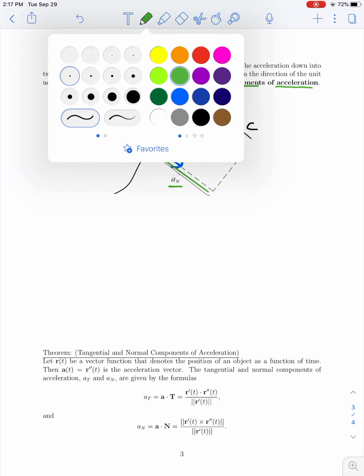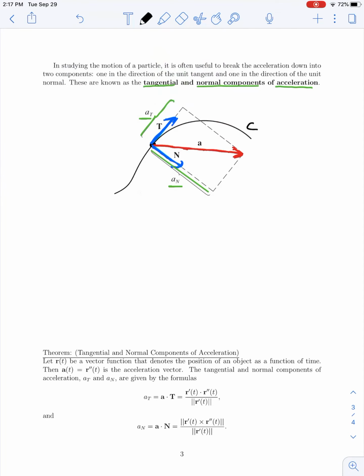So what I'm really looking at here is the following. Let's suppose that I have the line, which is determined by the unit tangent vector. I'm trying to find the scalar projection of the acceleration vector onto that unit tangent vector. So recall the vector or scalar projection of one vector onto another.